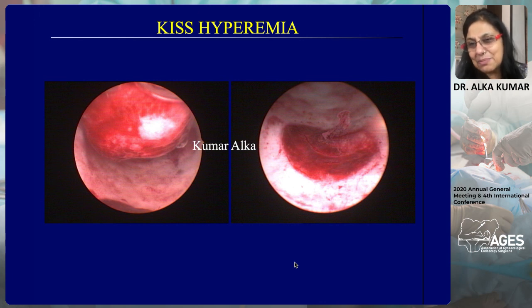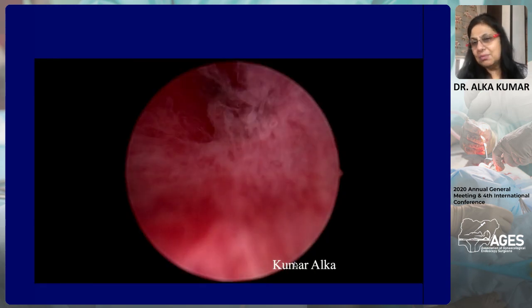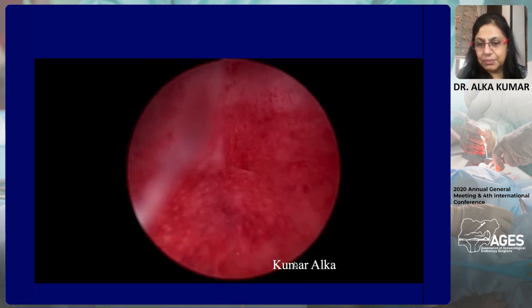We called it KISS hyperemia, because of the polyp's compression posteriorly, the endometrium gets affected. I believe that in infertility we need to explore a lot more hysteroscopically. Even if you remove the polyp, how long this endometrium takes to recover and come back to its normal character needs to be evaluated, and I think more studies are required on the KISS hyperemia or the mirror lesions that we see in hysteroscopy.